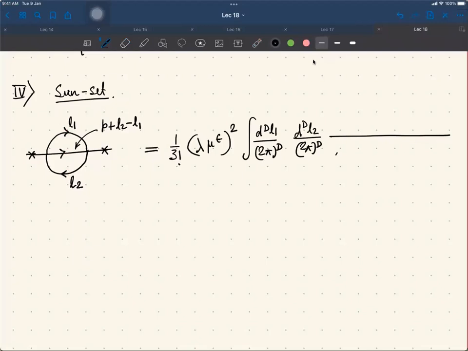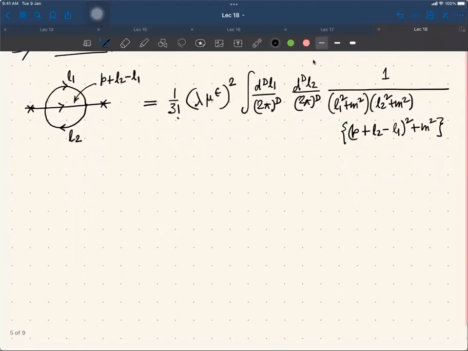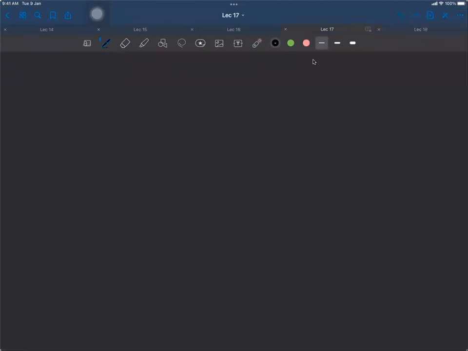L1 and L2, so L1 squared plus M squared, then L2 squared plus M squared, times P plus L2 minus L1 whole squared plus M squared. And this integral is, of course, I3 that we calculated earlier.